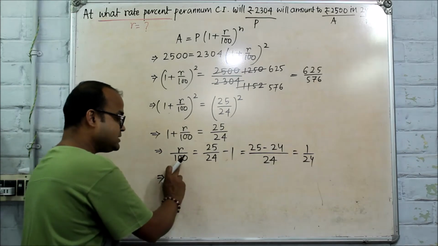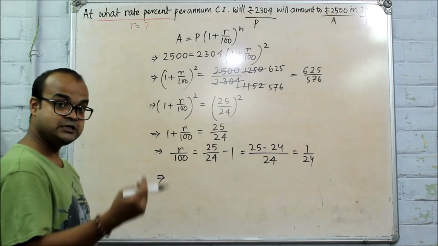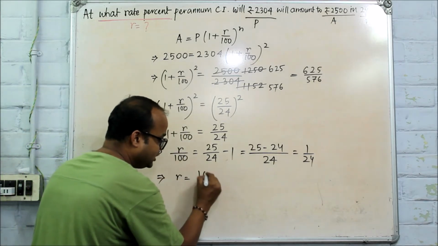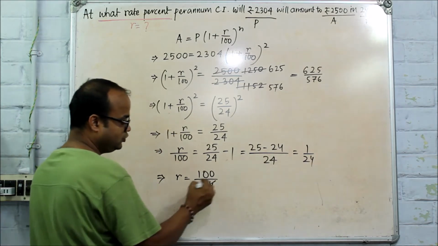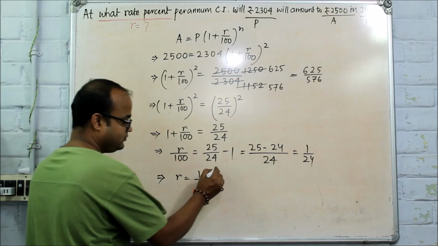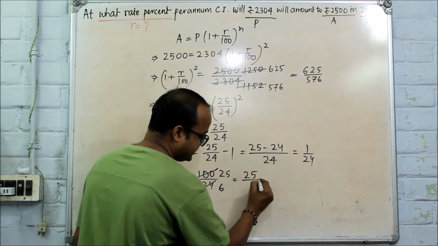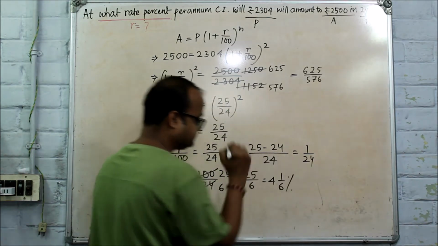So if you take this 100 to the other side, 100 is in the denominator. When you change the side, it will go to the numerator. So R is equal to 100 by 24. If we cancel with 4, 6 fours are 24, 25. So 25 by 6, this is equal to 4 1 by 6%.